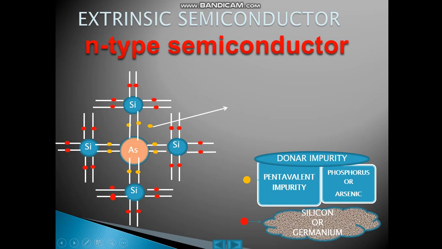So one electron is a free electron. Like this you have a lot of free electrons which are available for conduction. Conduction is due to the negatively charged electron, hence it is called N-type semiconductor. Since an electron is donated, this impurity is called a donor impurity.